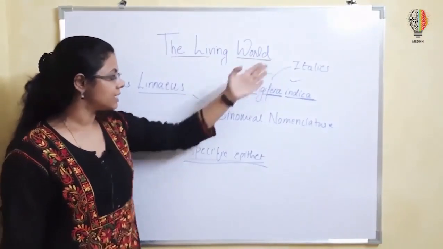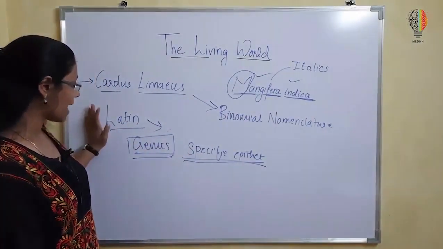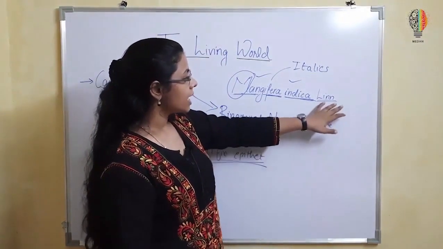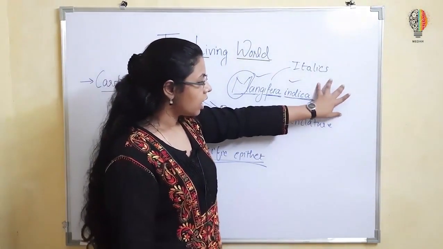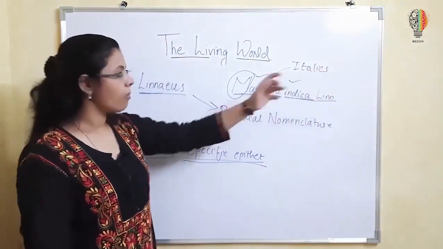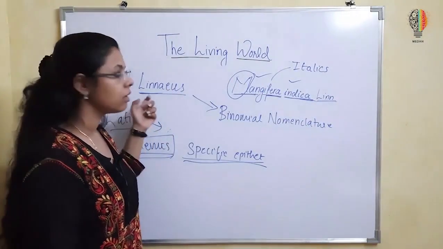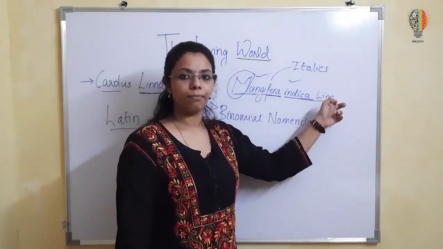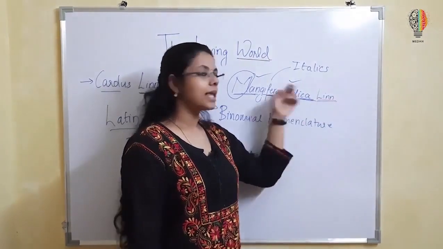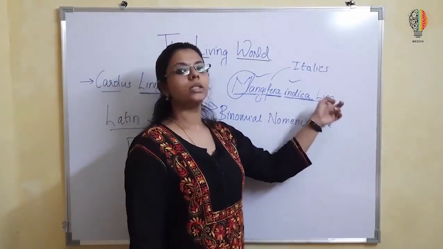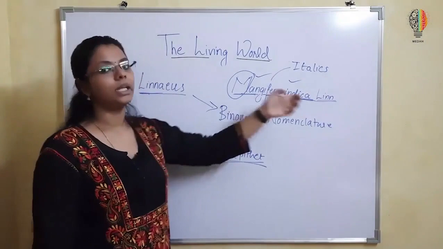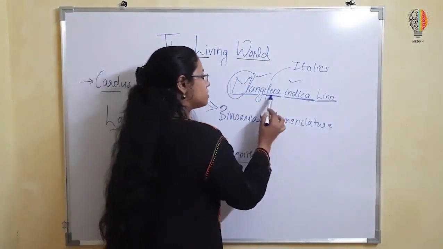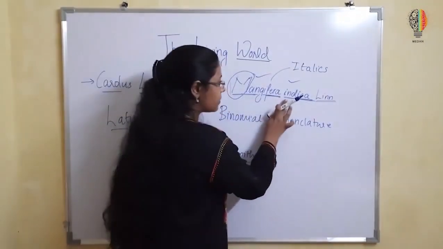So these are the rules: italics, specific epithet, Latin. Then another rule is that the abbreviated form of the author's name is put after the scientific or biological name. It shows that this name was described by this person, that is Carolus Linnaeus. Usually it has to be separately underlined.